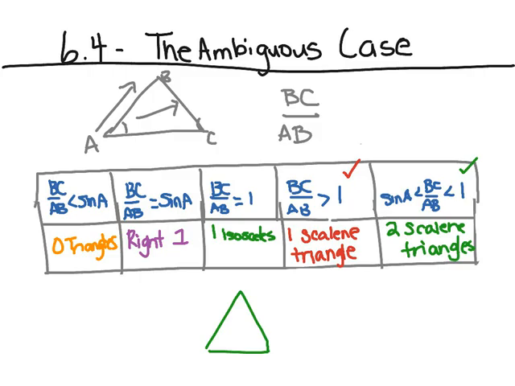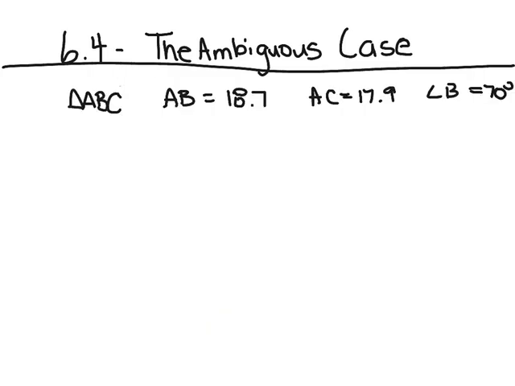So if we go to example 3, we have a triangle ABC where AB equals 18.7, AC equals 17.9, and angle B equals 70. What we can do first, it's always good, is just sketch a triangle.